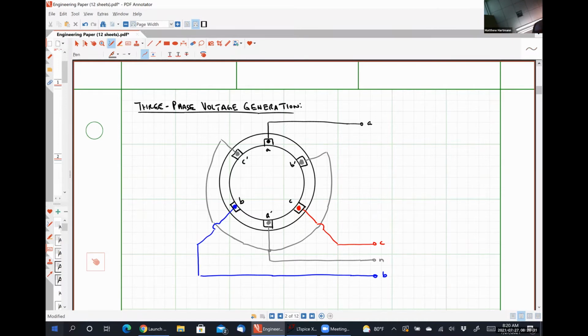So inside our stator is what's called the rotor. And it is a magnet.